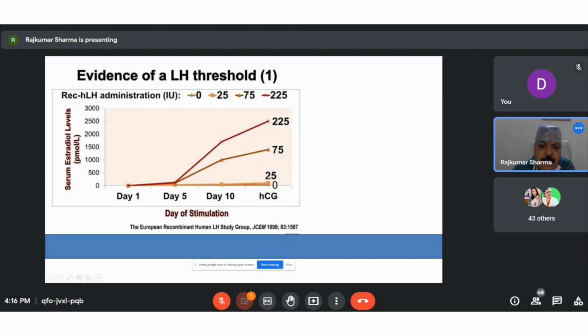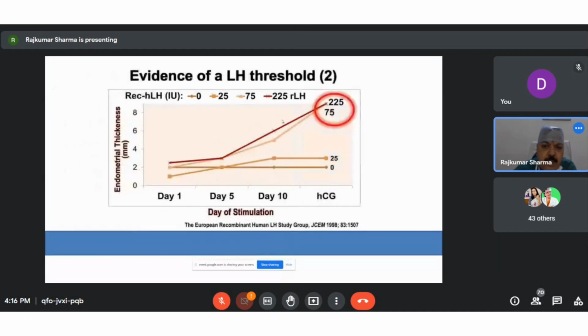Below 75 IU, the estradiol levels are on the lower side, so the endometrium will also be lower. So what we need to understand is that we require something between 75 to 225 IU of LH if we have to add it to these patients of hypogonadotropic hypogonadism.